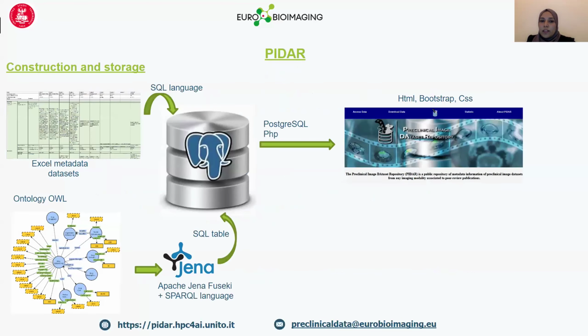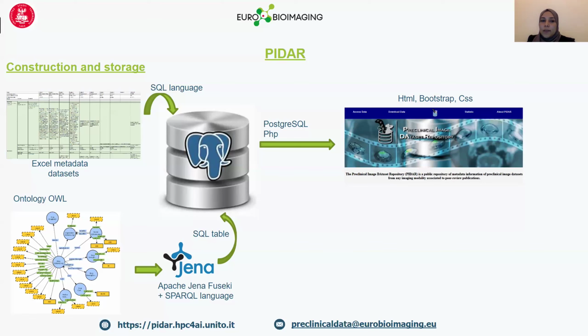The construction and the storage of our repository start from Excel metadata datasets, where we store and share all the information that would be filled by the data holders. Then we transform this information into SQL tables with SQL language, and we share all the metadata in a PostgreSQL database.